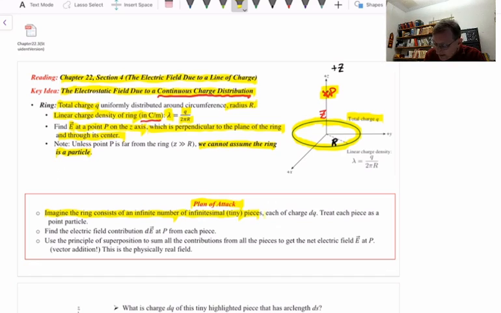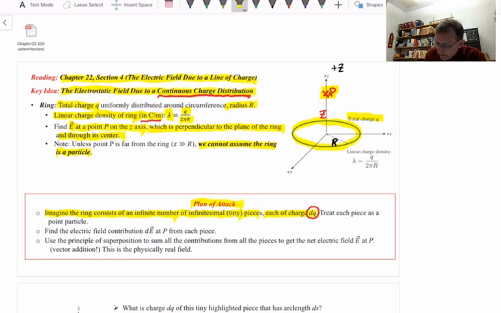And each piece has some charge that we're going to call, look carefully, dq. Every piece has the same amount because the charge is spread out uniformly around the ring, but it's a tiny amount of charge, dq. dq means an infinitesimal amount of charge.